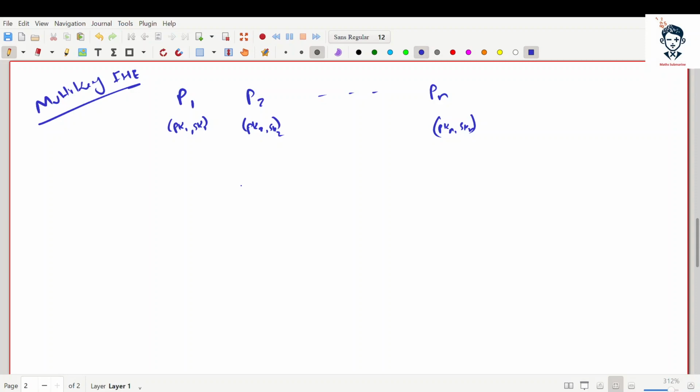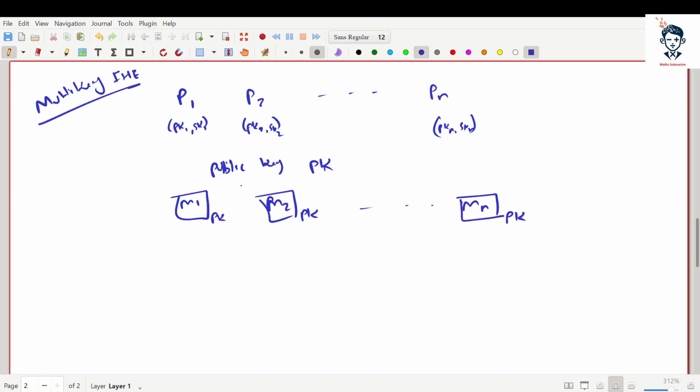There are two ways. Either they can compute a common public key, say PK, and then encrypt their messages with this PK. This guy encrypts his message M1 with PK, this guy encrypts M2 with PK, and so on.